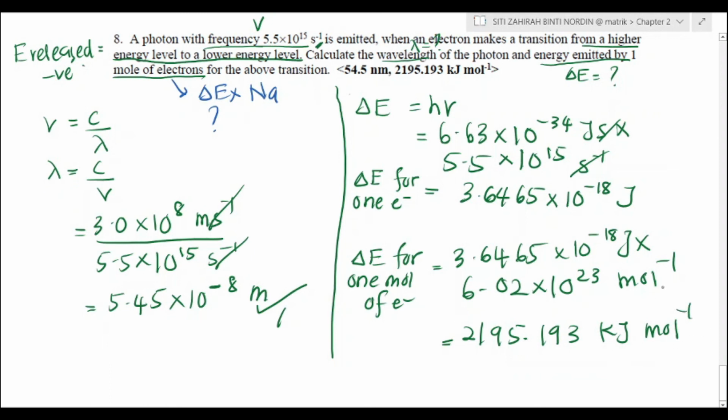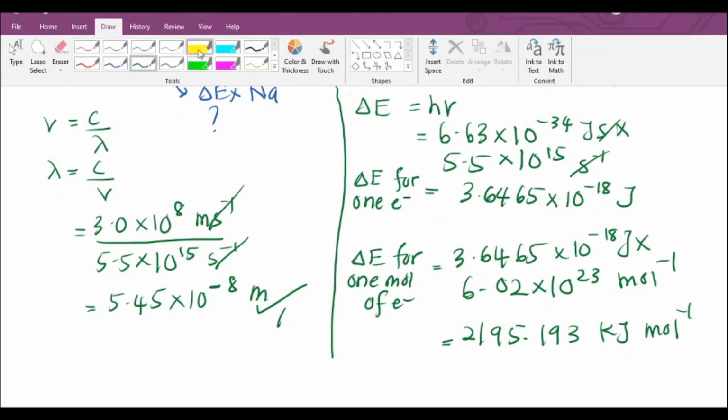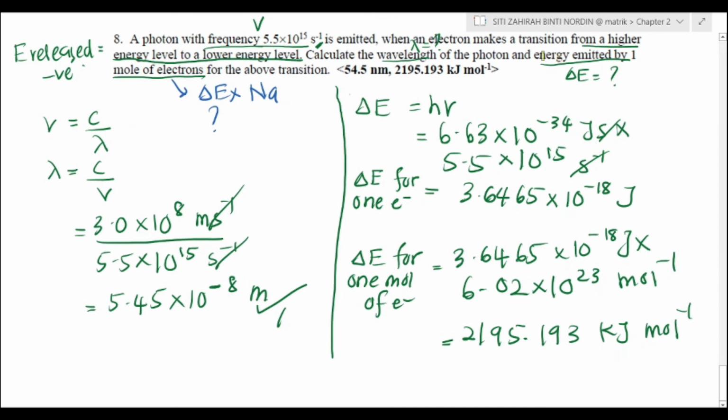I've already converted the joule to kilojoule. Make a note that if the question asks you to find the energy emitted by 1 mole of electrons, you need to multiply the delta E with the Avogadro constant. That's how you get the unit of kilojoule or joule per mole. So that's all. There are more questions, so you should finish them by yourself.